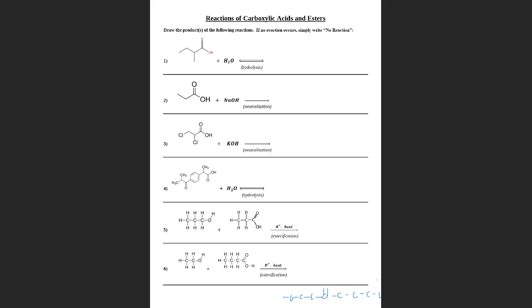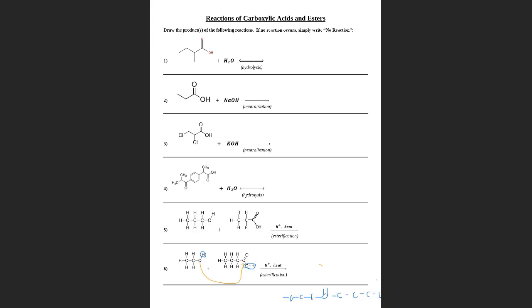So you should have, I'm going to do a bond line structure. Recognize that the OH from this is going to leave. H from the other one's going to leave. And then the oxygen here sticks in the end of here, the carbon.